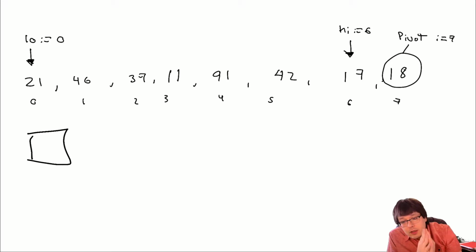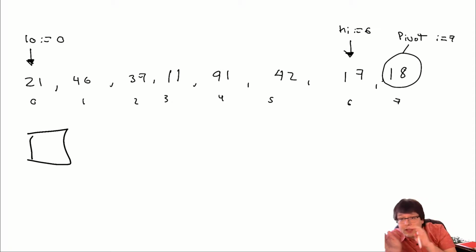At this point, we hold off on low and we look at high. High is pointing to index 6, which means it has a 17. 17 is smaller than the pivot. If high has a number bigger than the pivot, we don't mess with it. We would, in that case, decrease high by 1.